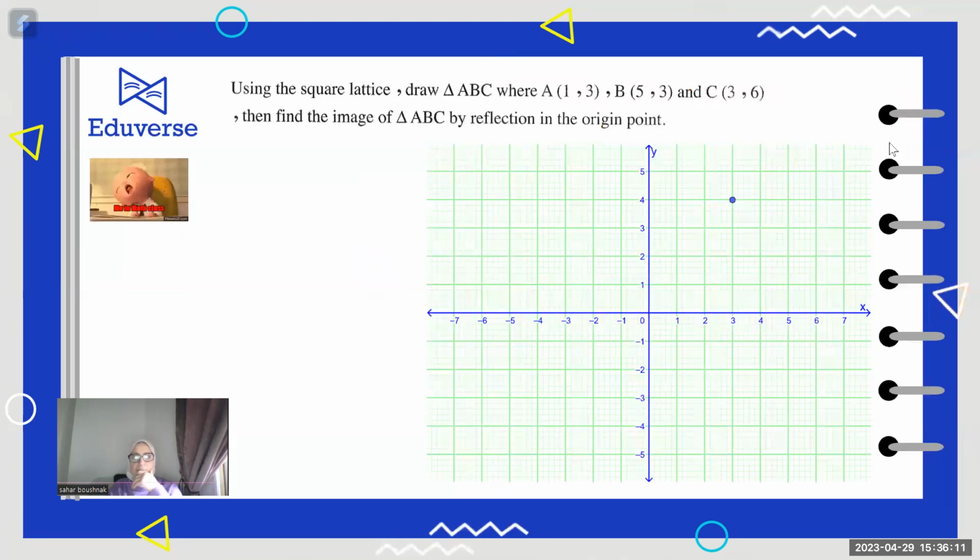Let's see next. Draw the triangle ABC where A is (1, 3), B is (5, 3) and C is (3, 6). Let's draw it first. (1, 3). This is A. Then B is (5, 3). This is B. Then C (3, 6). Then I'll join them together.